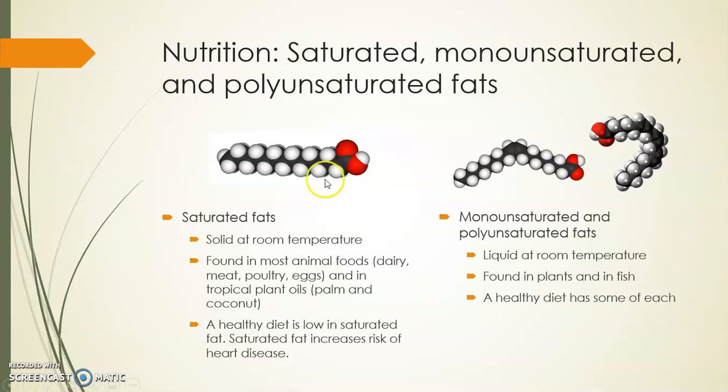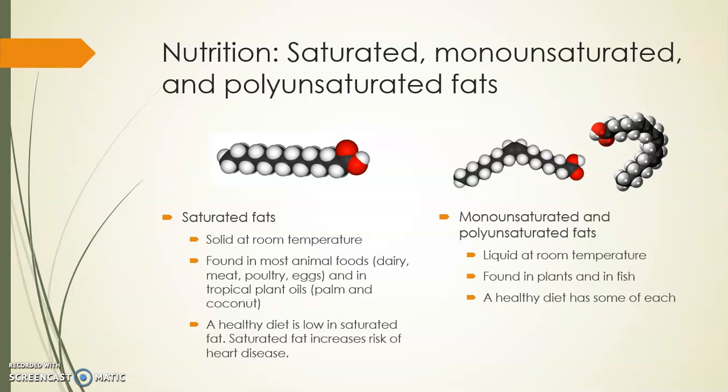So saturated fats, you'll remember, are these long straight ones that have two hydrogens on every carbon atom in the chain. And because they're long and straight, they stack together evenly and they are solid at room temperature. Saturated fats are mostly found in animal foods, such as dairy, meat, poultry, and eggs.